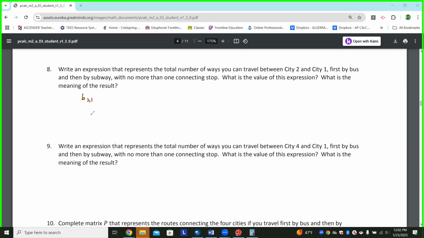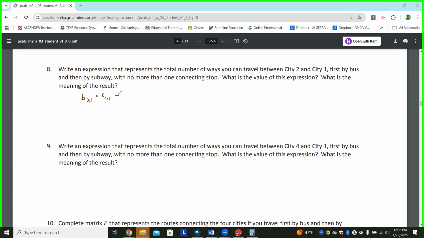We would then multiply that by the subway from city 1 to city 1. If you backtrack to the subway matrix, row 1, column 1, that's a 2, comma 1 and a 1, comma 1, with a B and an S, bus and subway. So that's your expression. Then we would do that for all of them.